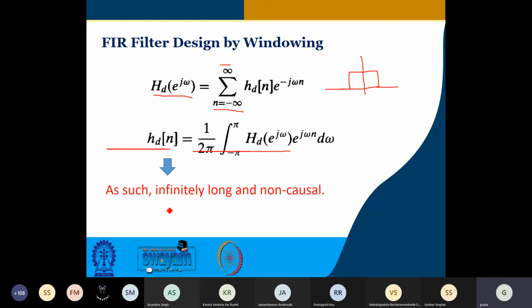Okay, so this is infinitely long. This is one issue. For real-time signal processing, data is seen as a function of time, and the future is not seen. So n from minus infinity to minus 1 will contribute to the non-causal character of the filter or system, which will ask for future values. These future values are not available. So these are the issues.